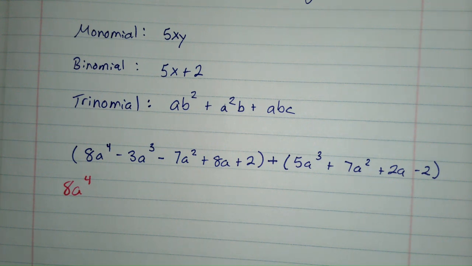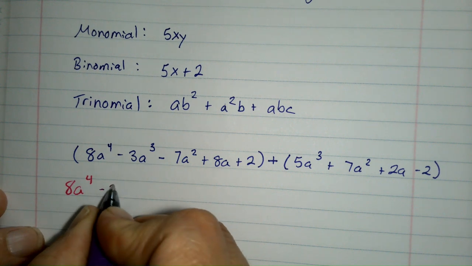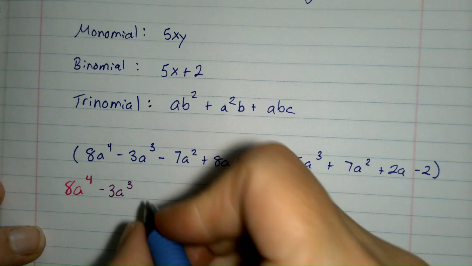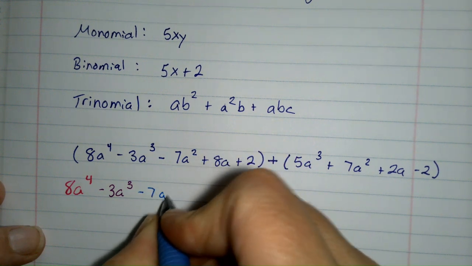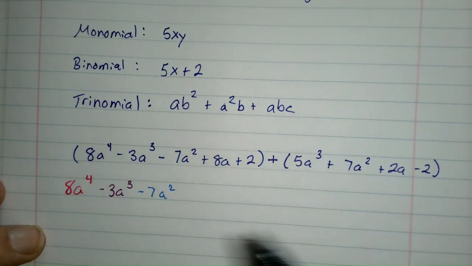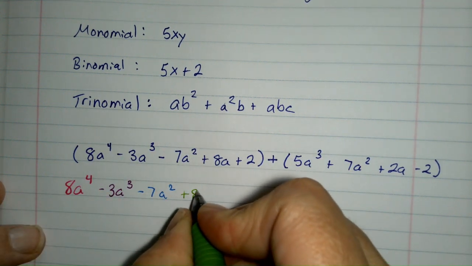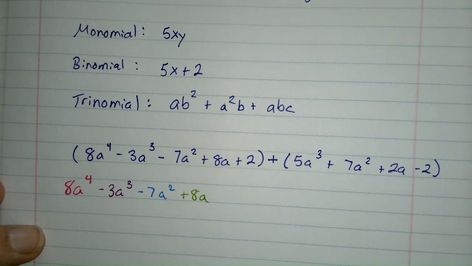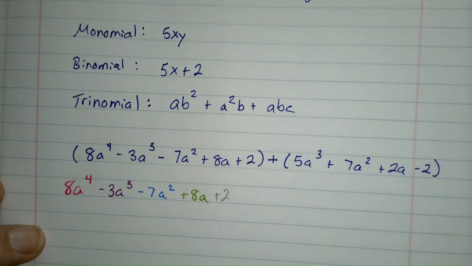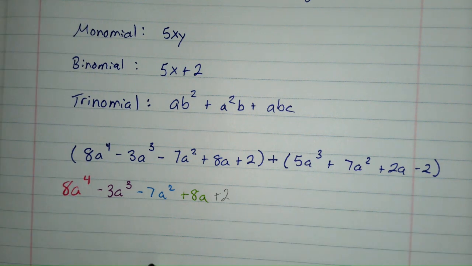Okay, minus 3a to the 3rd, so that's in purple, minus 7a squared, plus 8a, plus 2. Then there was the plus sign from the problem.